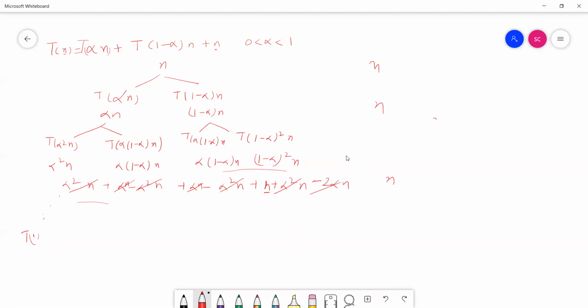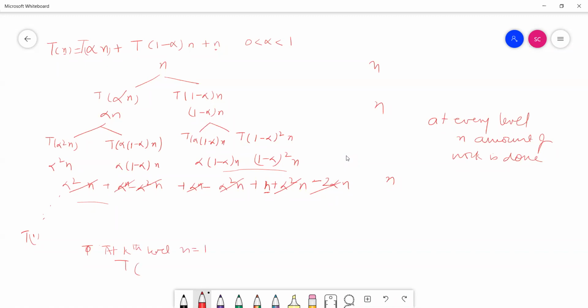So at every level, n amount of work is done. And how many levels are there? Suppose at the kth level the input size is equal to 1.